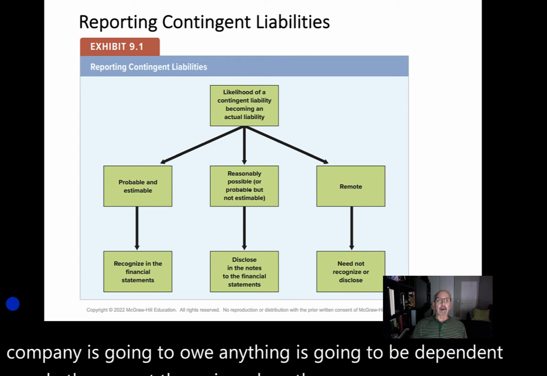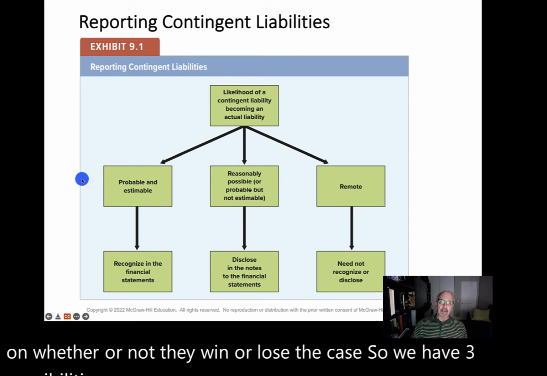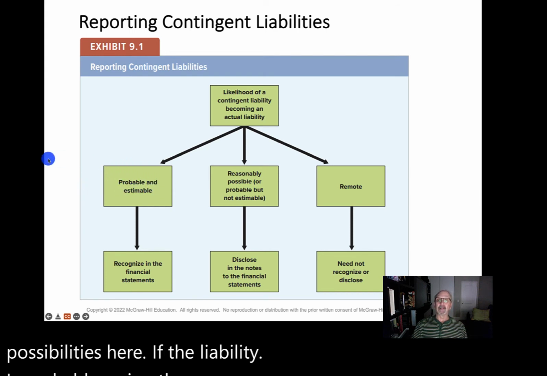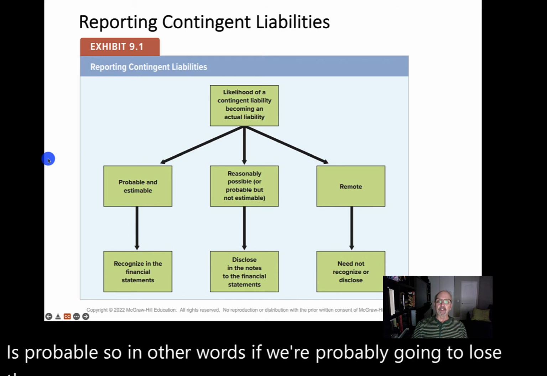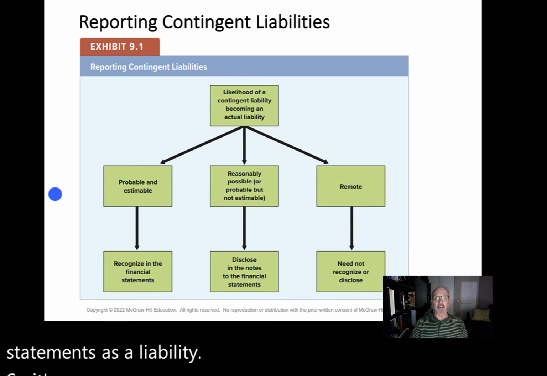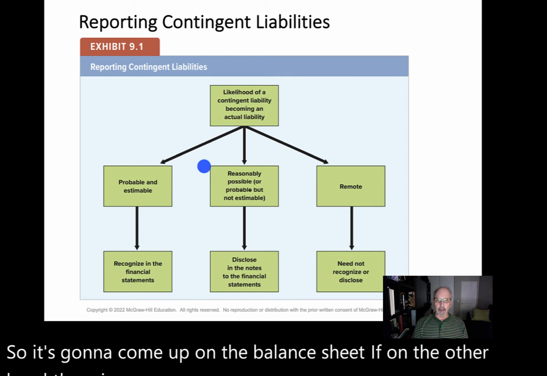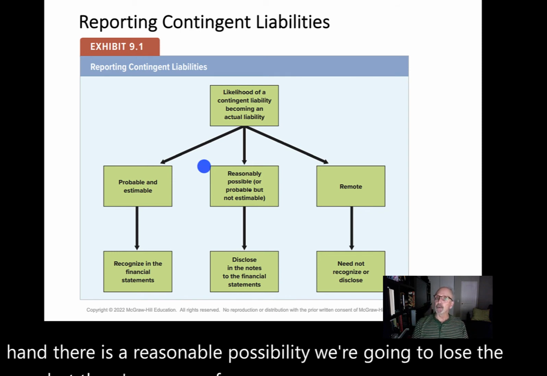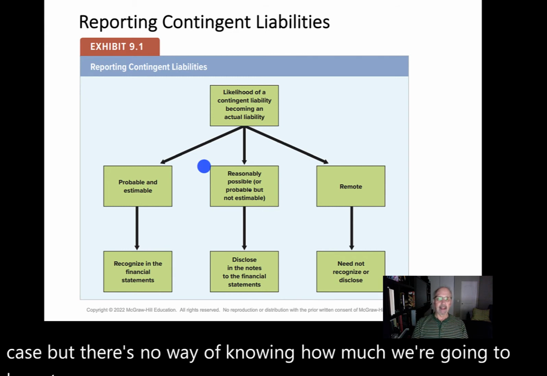So we have three possibilities here. If the liability is probable, so in other words, if we're probably going to lose the case, and estimable, we know how much we're going to have to pay, that has to be recognized in the financial statements as a liability. So it's going to come up on the balance sheet. If, on the other hand, there is a reasonable possibility we're going to lose the case, but there's no way of knowing how much we're going to have to pay, then that can't go on the books.